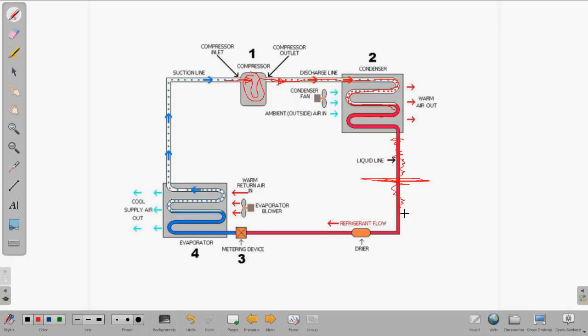So what you have with an undercharged system is you have high superheat here, and you have little to no subcooling down here, because this refrigerant runs through this coil, the condensing coil, much too quick.